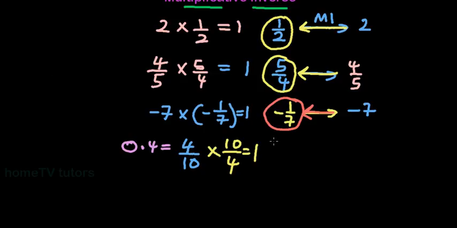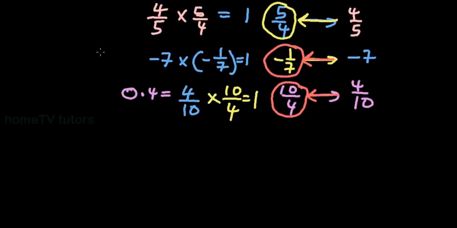Okay, so 10 over 4 is the multiplicative inverse of 4 over 10. At the same time, 4 over 10 is the multiplicative inverse of 10 over 4.